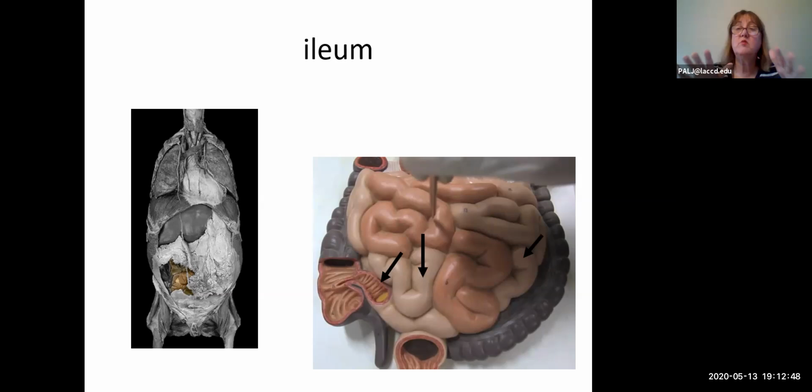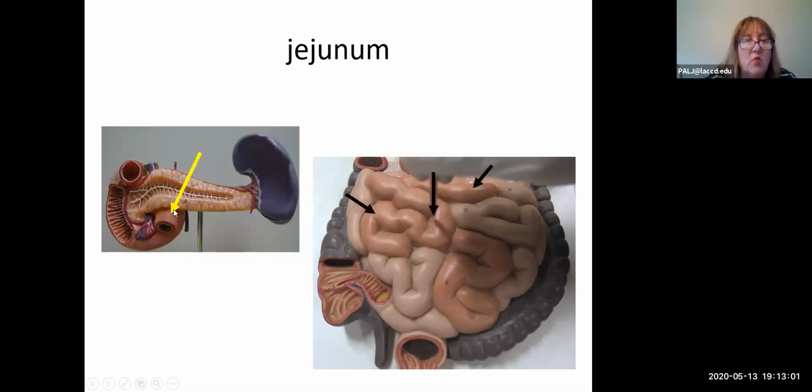Now, most models are not going to have the color sequence to help you. So what you have to do is remember the jejunum starts in the left upper quadrant. If something is tagged up there in the left upper quadrant, or right here where you see the duodenum flipping around to become jejunum, then you know that's jejunum.